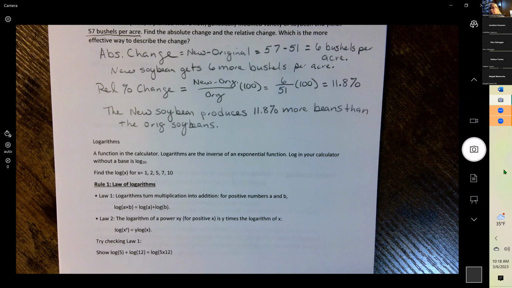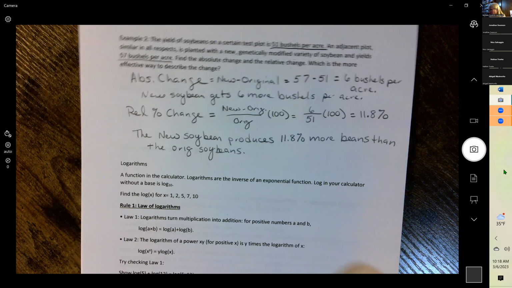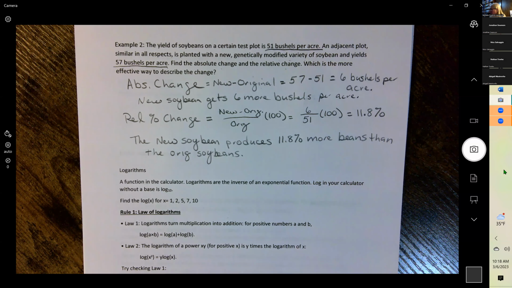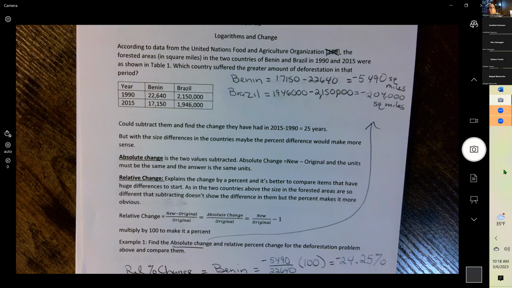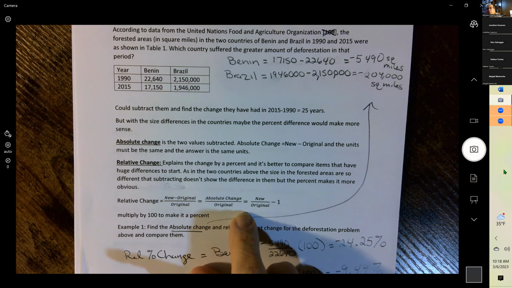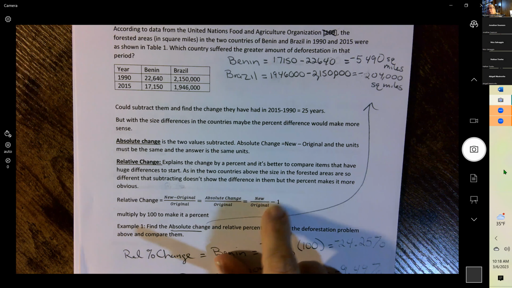I have a question. Mhm. On the notes, under relative change, it has the new minus original over original equals absolute change over original equals new over original minus 1. This is another formula you can use.